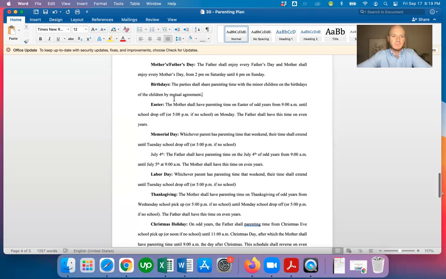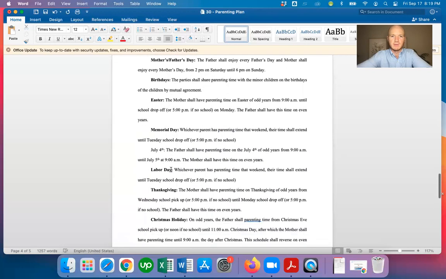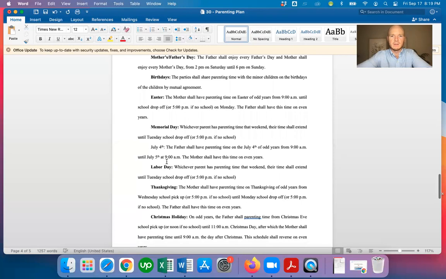And then you're going to want your standard holidays. There are obviously different cultures, and you may have Jewish holidays or other holidays that you can put into a parenting plan. Some people will want to share each holiday, where one parent gets the first half of the day on Easter and the other parent gets the second half, or they want to alternate holidays.